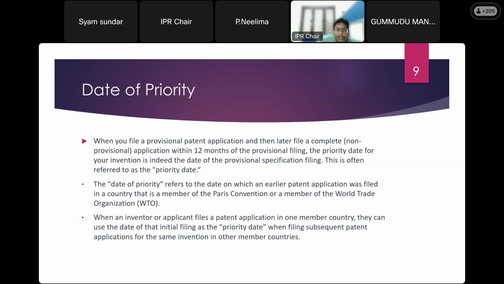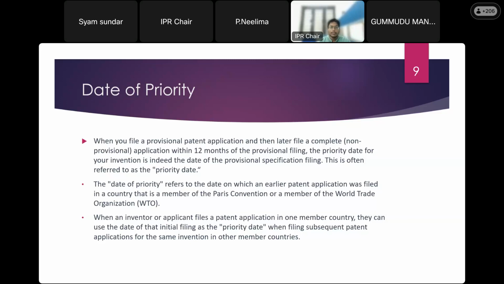And there is another scenario for understanding date of priority. For example, if you want to protect your invention in some other country as well. In India, you filed a provisional application because you have not come up with the invention fully.